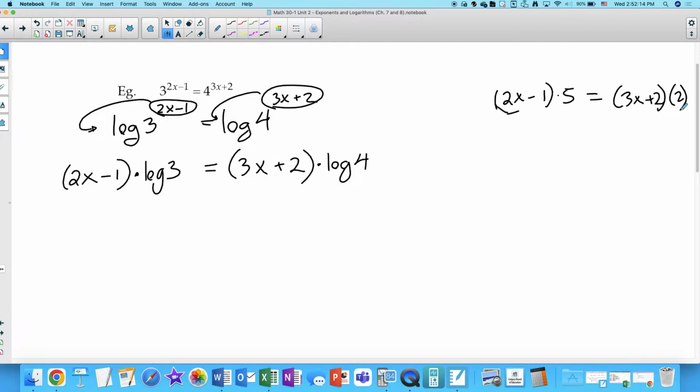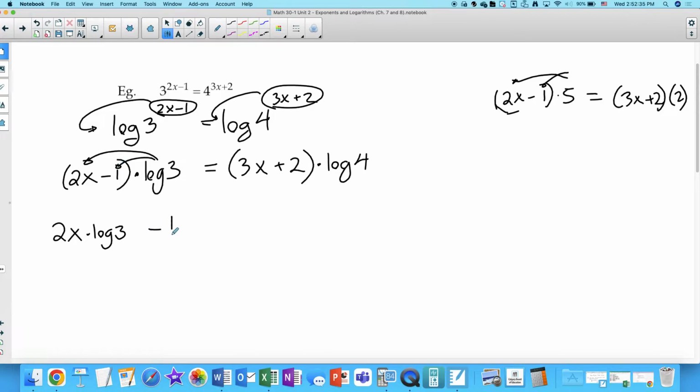Okay? What would you do here if you wanted to solve these? Expand the 5. Yeah, multiply this in, right? So that's what we're going to do here. We're going to have 2x times log 3 minus log 3.